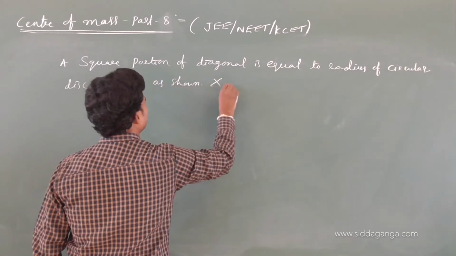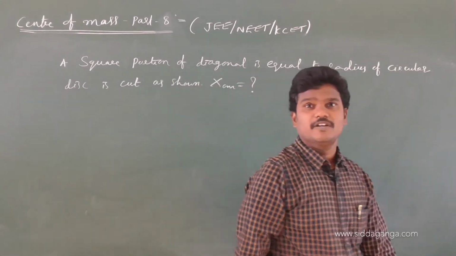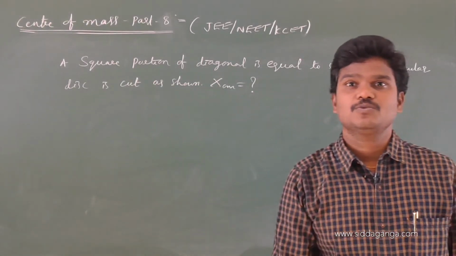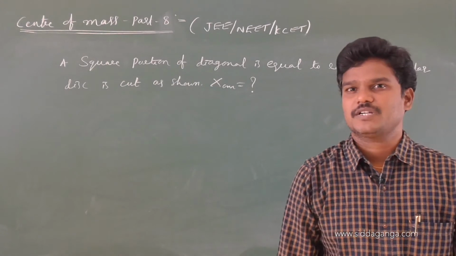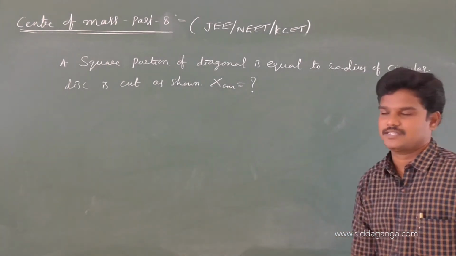Then find the shift in center of mass. They gave a square portion whose diagonal is equivalent to the radius of the circular disc, and it is going to be cut. Then find the shift in center of mass. I'll give the diagram.